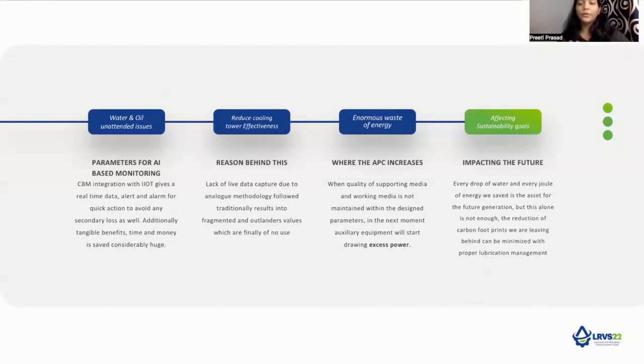It includes greenhouse gas emission reduction, carbon footprint, asset life increment, how much water you are going to save for the future generation, and how much energy we are saving for the future generation. This all comes under the sustainability goal. But if we increase energy consumption, like when a pump is drawing more energy to run, that is going to impact your energy saving.